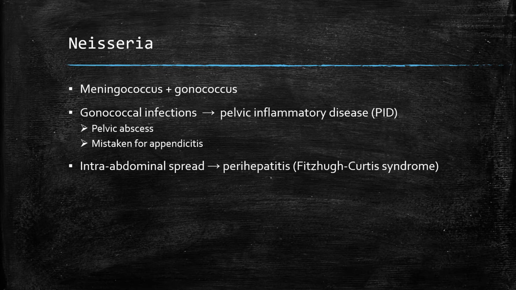If there's more generalized spread of the gonococcal infection throughout the abdomen, this can result in perihepatitis, otherwise known as Fitzhugh-Curtis syndrome. We will sometimes see evidence of this during laparoscopy or laparotomy when we notice filmy adhesions from the liver to the abdominal wall.